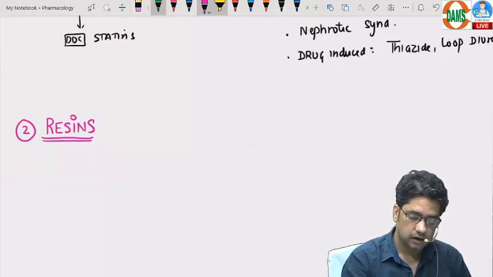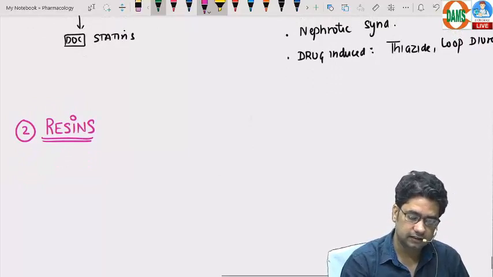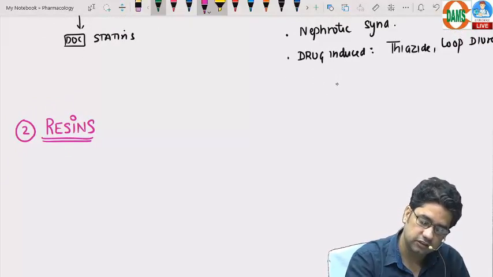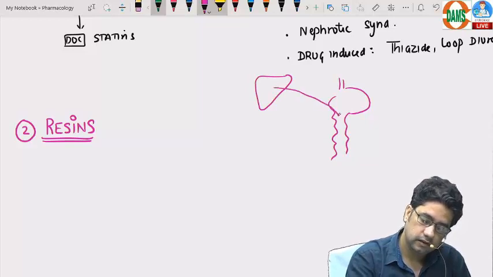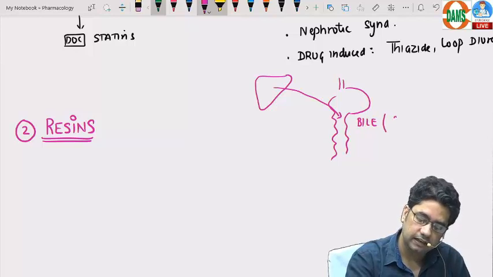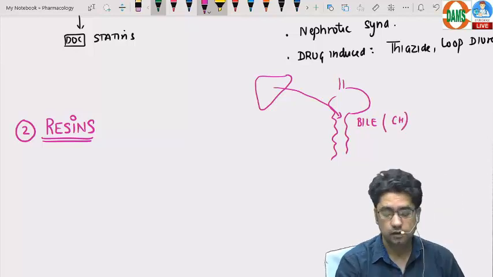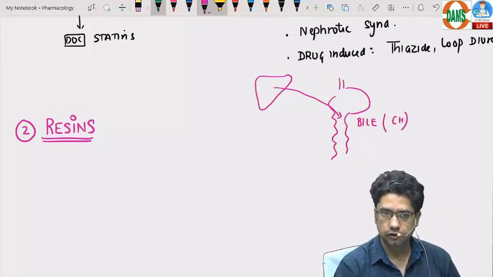Reasons. Now what are reasons? Let's understand. Sir, suppose this is GIT and this is liver. Liver is secreting bile. Bile contains cholesterol.